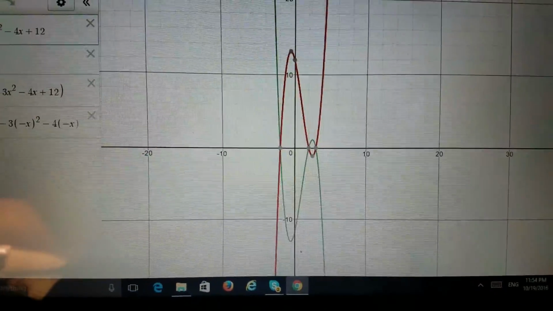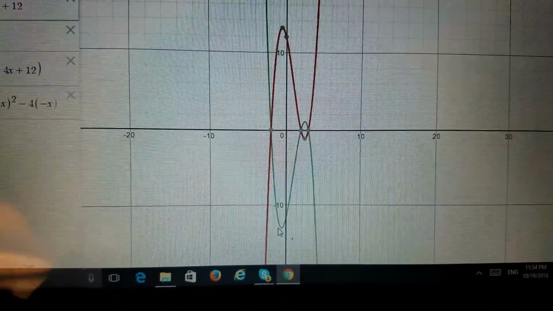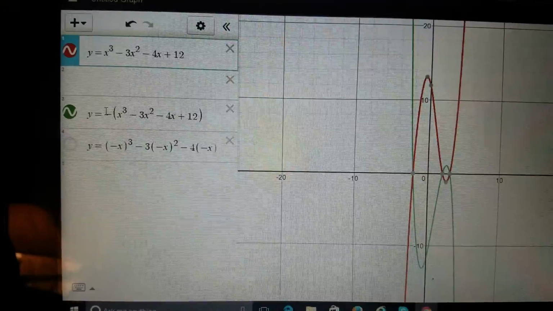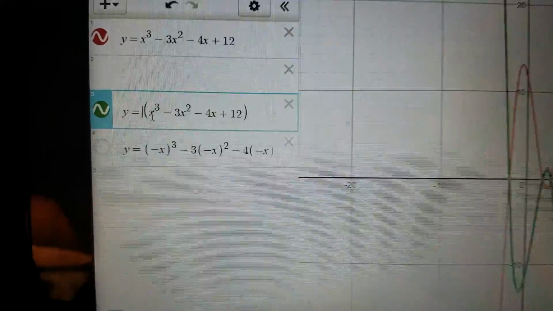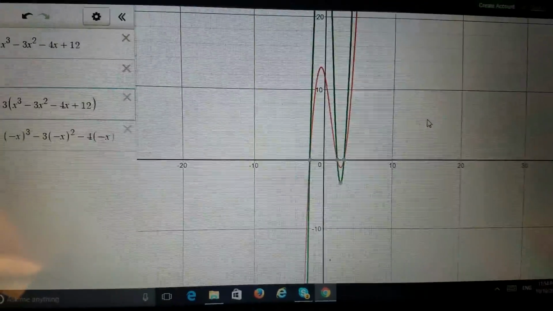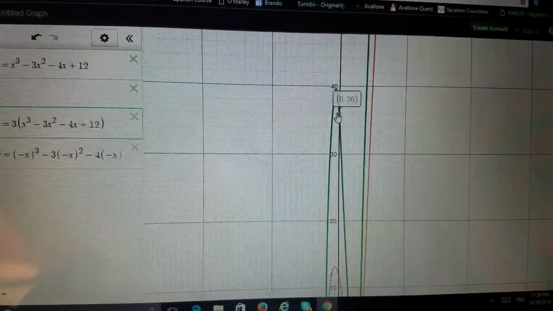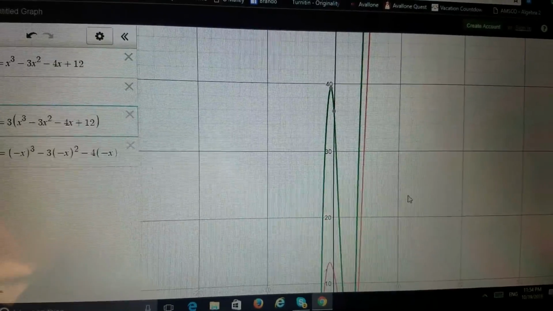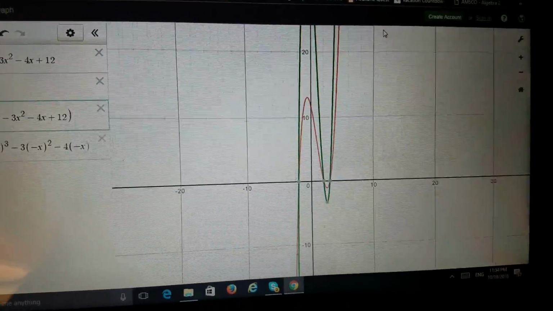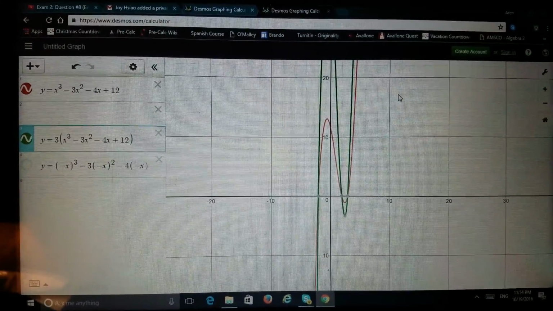So from this graph, you would see that the y-intercept has changed, and this is true for any coefficient here. So if we change that to, let's say, 3, the y-intercept would be all the way up here, and so clearly that changes the y-intercept. So yeah, that's how different transformations affect different intercepts.